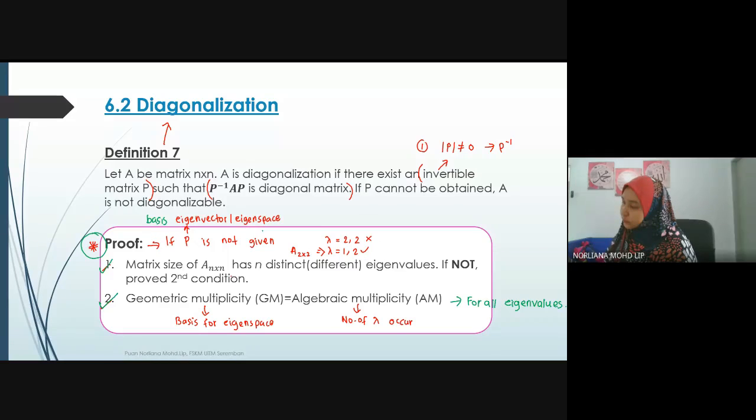Example 7, textbook. Dia dah bagi jawapan dekat situ lah. Tapi awak proof lah. Proof the find the eigenvector for lambda equal to 3 and lambda equal to 1. Lepas tu dia dah bagi dah jawapan dia. Dia dah bagi eigenspace apa. Tapi awak cubalah cari.